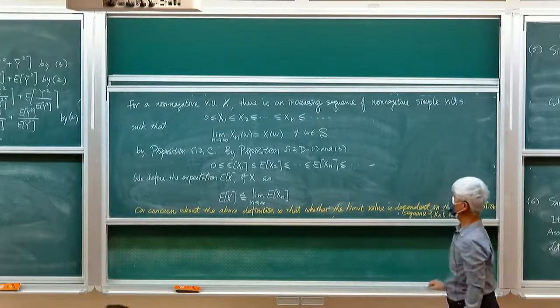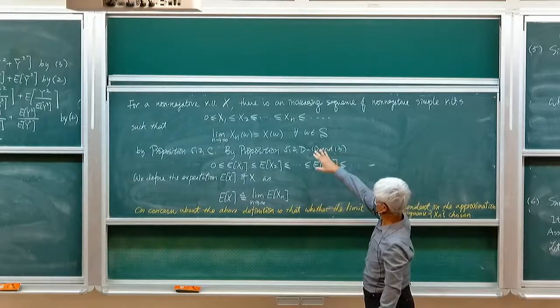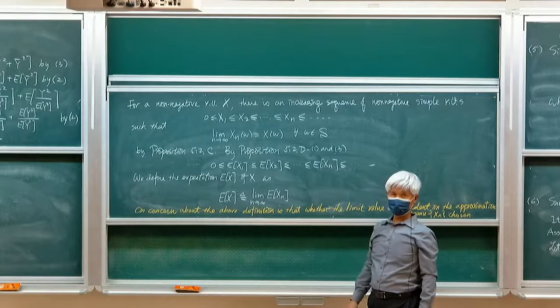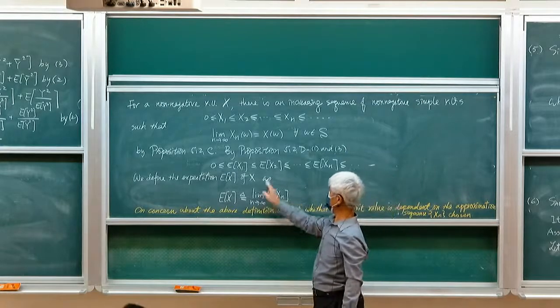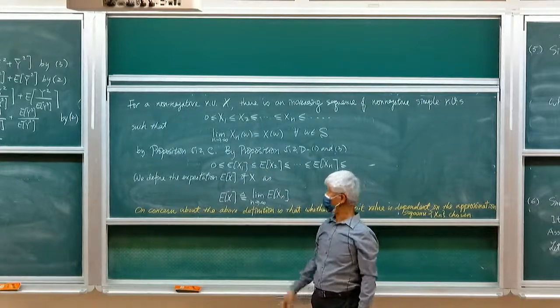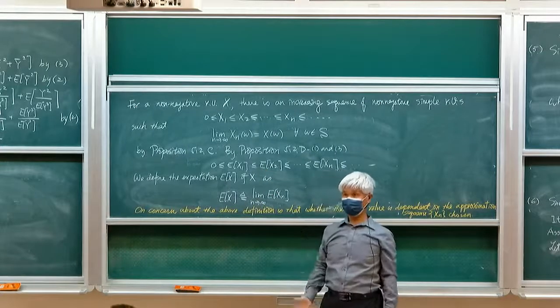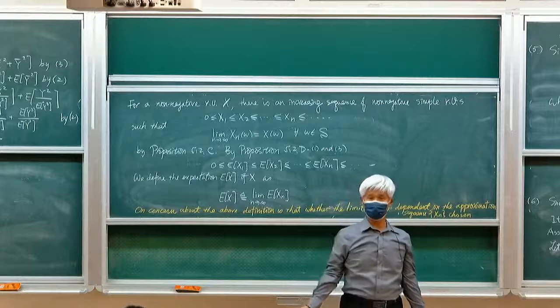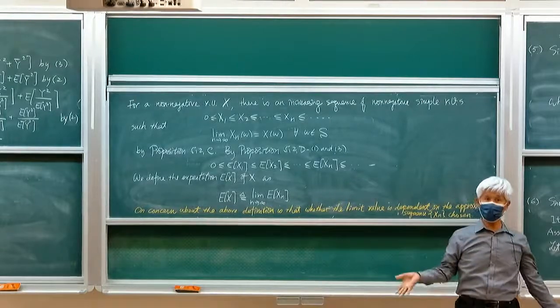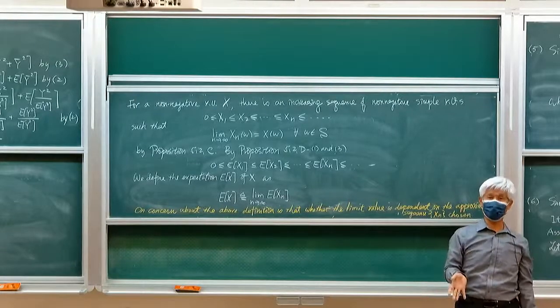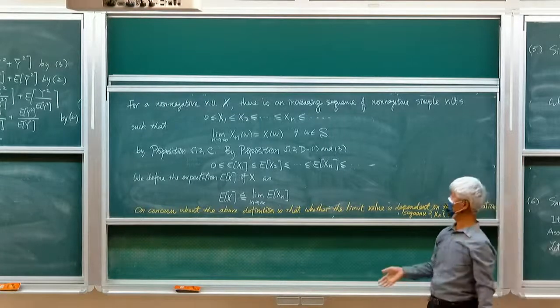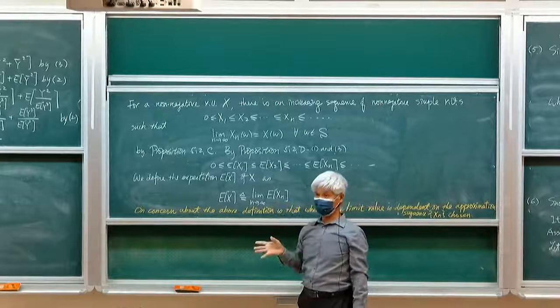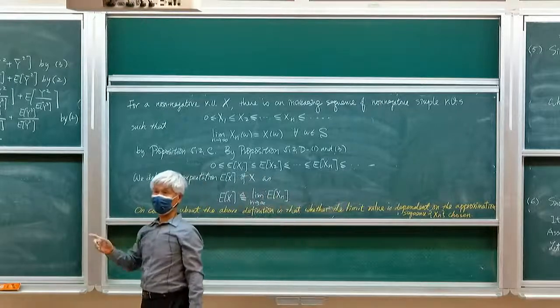So the question is that if we choose a different approximation sequence and take the limit of their expectation, will they have the same limit? Okay, you don't know at this moment, right? So this is a big concern, even though the definition is convenient and computable, right?